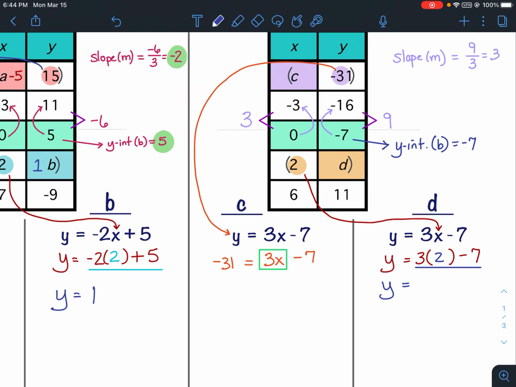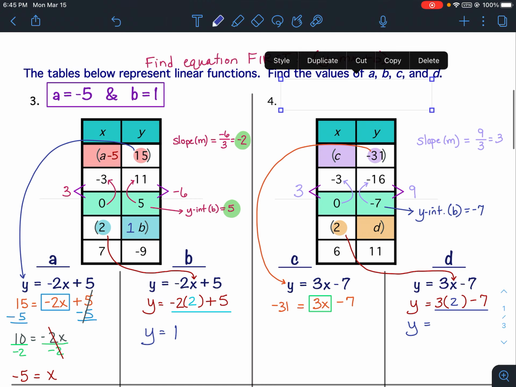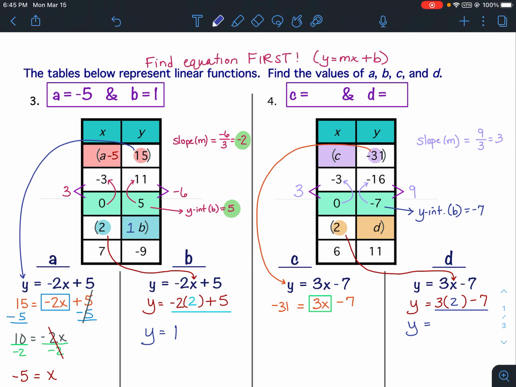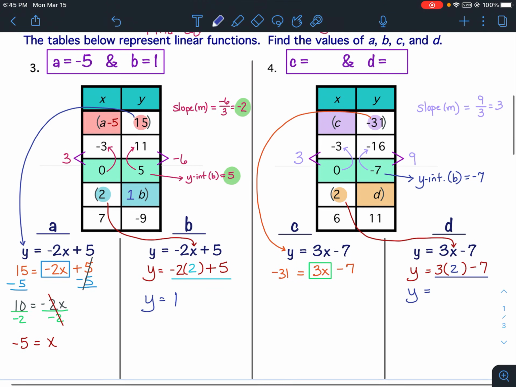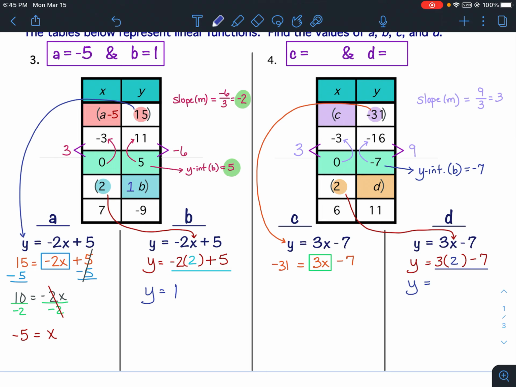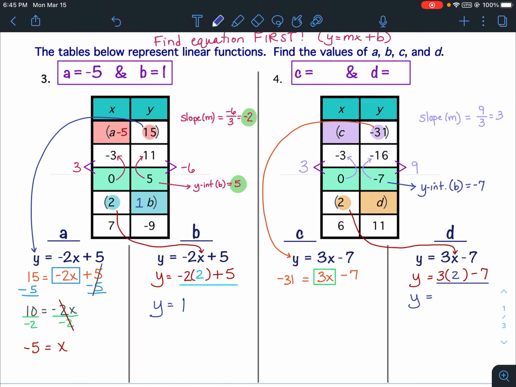When you are completely finished, don't forget to put your final answer at the top. Okay, so again, you're going to finish number 4 on your own. For c, that is a two-step equation. And for d, just put everything in your calculator at once. If you have any questions on 3 and 4, please do not hesitate to ask.